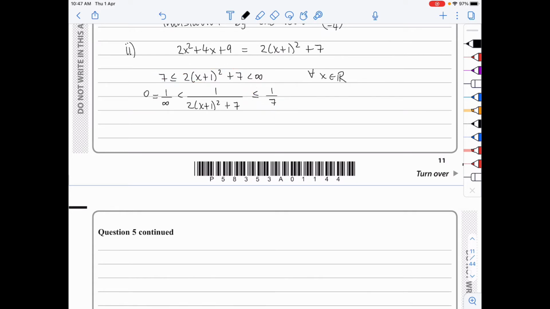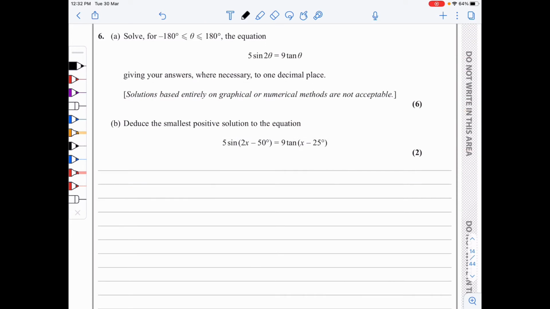And then if I multiply throughout by 21, on the left hand side I'm still looking at a 0, and on the right hand side I've got 21 over 7, which is simply 3. So what we have done here is essentially reconstructed h of x, having as our start point the original 2x squared plus 4x plus 9. So we see that the range of values of h of x is from 0 to 3, 3 being inclusive and 0 being excluded.